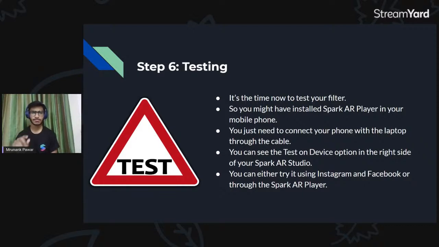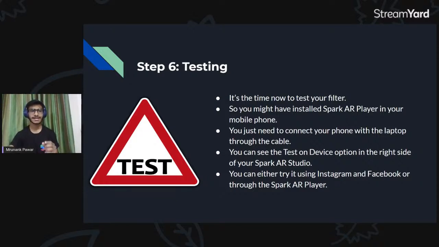When you click on that blue option, it will send you a link on your Facebook and Instagram. You will receive a notification as well. Besides this, if you want your family members or friends to try it and give you some suggestions, or if you are creating an air filter for someone else, then you need to show them the air filter you have created and ask whether they have any suggestions or expectations which I need to put in my air filter.